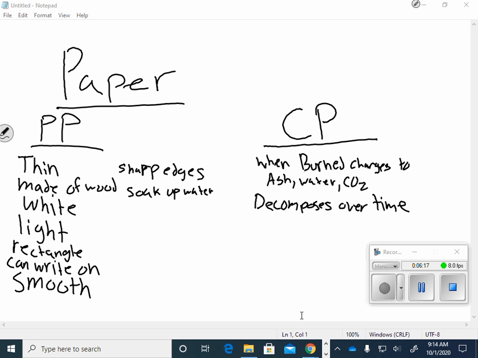Yeah, so when something decomposes, it is changing from one thing to another. In most cases, it's changing into dirt. But that would be a chemical property, is decomposing. Okay.